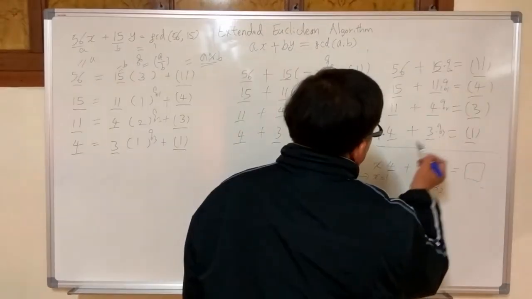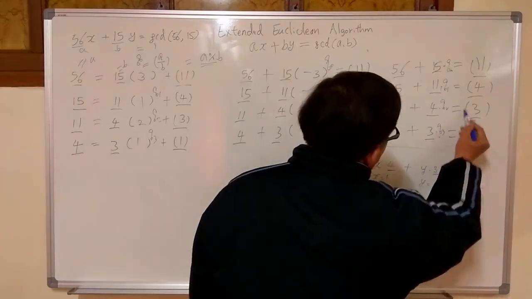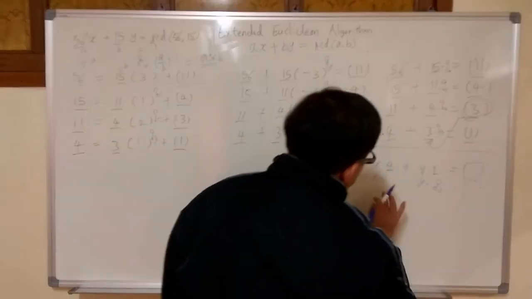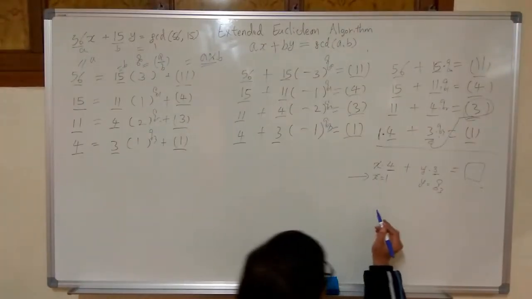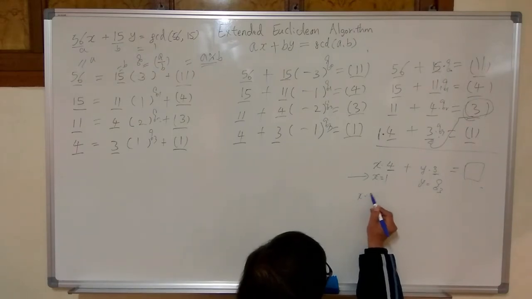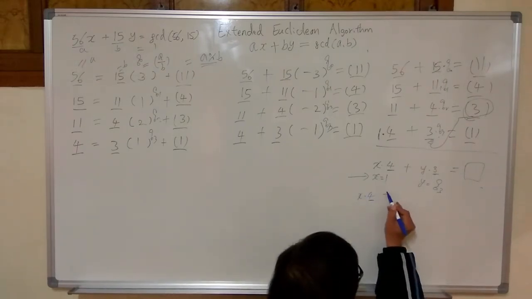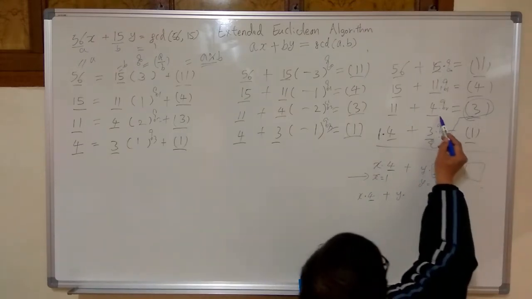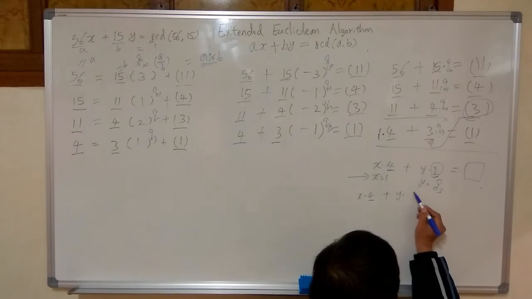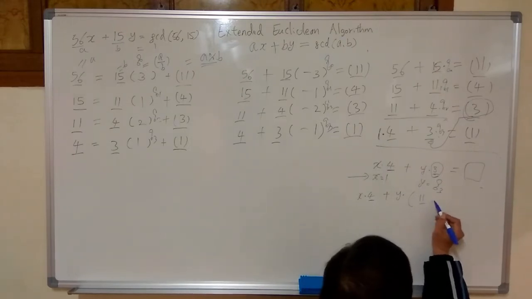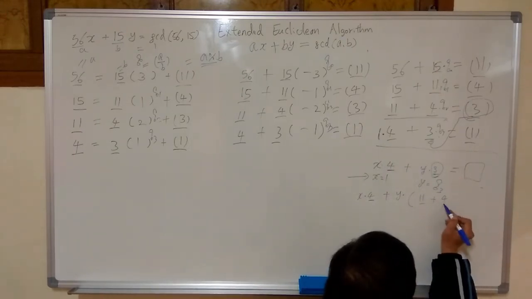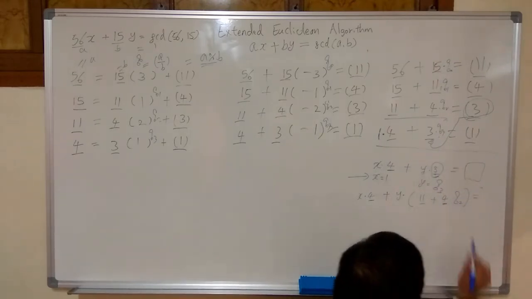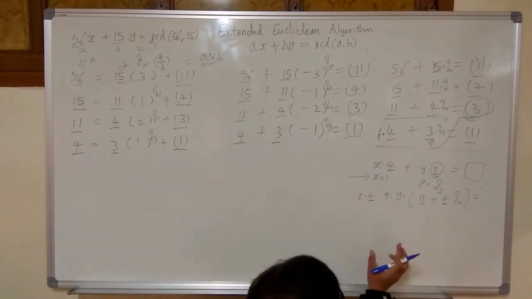Then we have to replace this 3 here in this equation. So if we let it be like this, we are going to solve it. X bar plus Y, instead of 3 bar, we put this equation here. So it becomes 11 bar plus 4 bar Q2, like this.